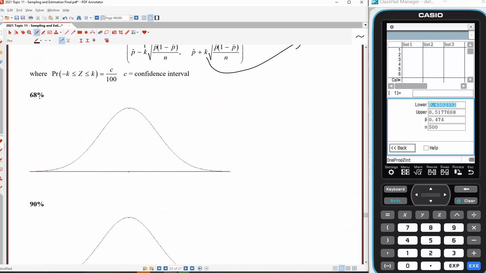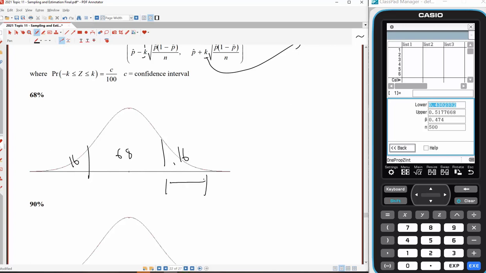What if we wanted 68% confidence? It's fairly easy to change this value of K to the appropriate confidence level by thinking about the normal distribution curve. So if we want 68% confidence, that's 68 there. Either side here is going to be 16 and 16, which adds to 32.